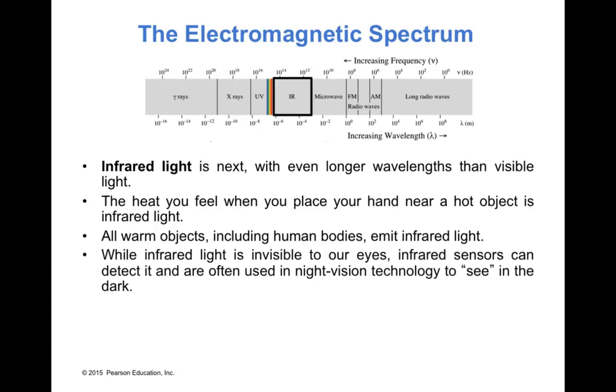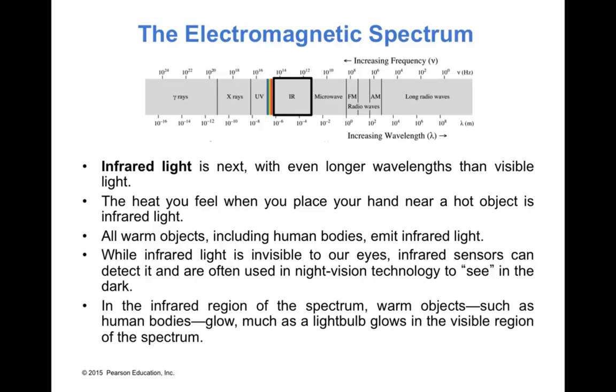While infrared light is invisible to our eyes, infrared sensors can detect it and are often used in night vision technology to see in the dark. In the infrared region of the spectrum, warm objects such as human bodies glow, much as a light bulb glows in the visible region of the spectrum.